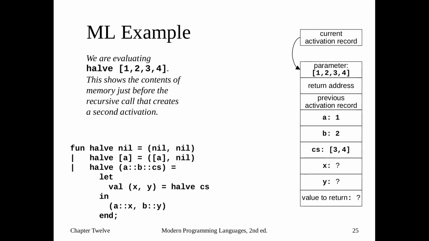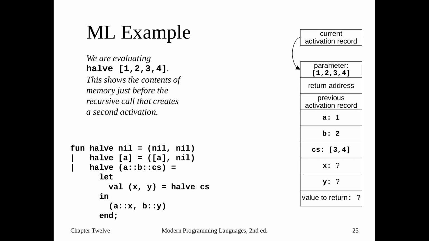In ML, on the other hand, we have to deal with a little bit more going on. So this is the halve example. Halve was the first part of the merge sort implementation that we talked about in class. And so we basically have 3 different potential cases. One where we have an empty list, and that just returns 2 empty lists.